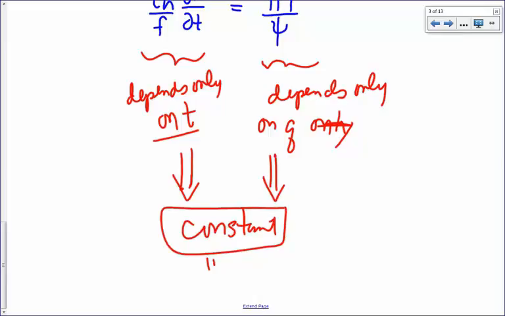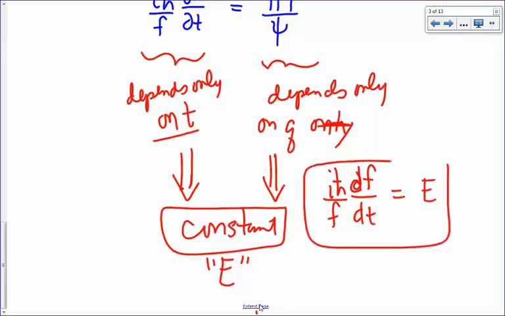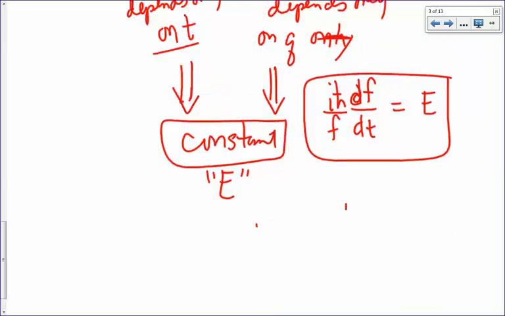And we're going to call that constant E for reasons that will become obvious. So that constant is E. So we're going to say now that this left-hand side is i h bar df, and I'm going to take the partial derivative now since I only have one variable there. So i h bar over f df dt is equal to E. That's your left-hand side. And your right-hand side is H hat psi over psi is equal to E.